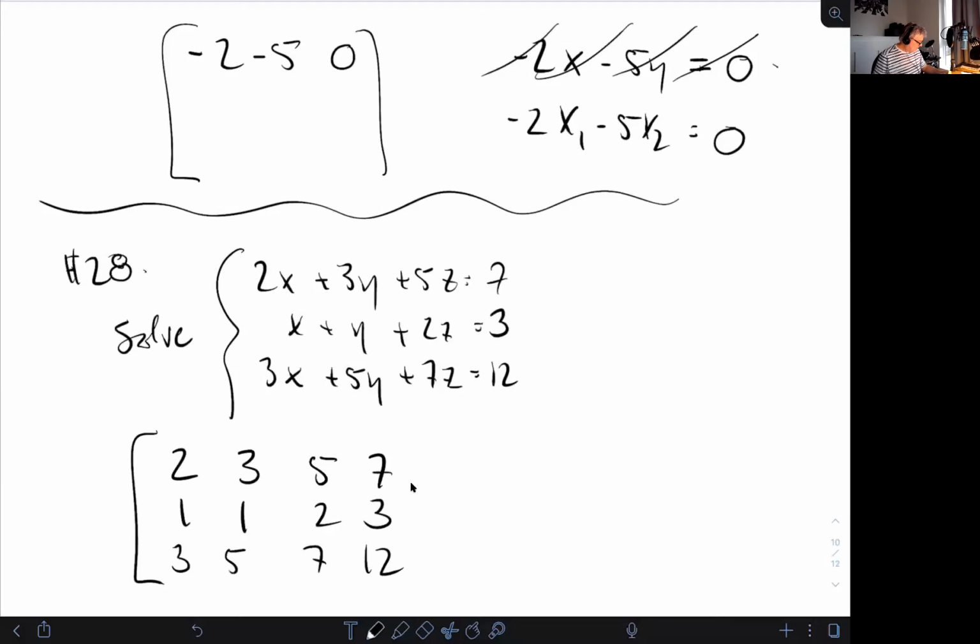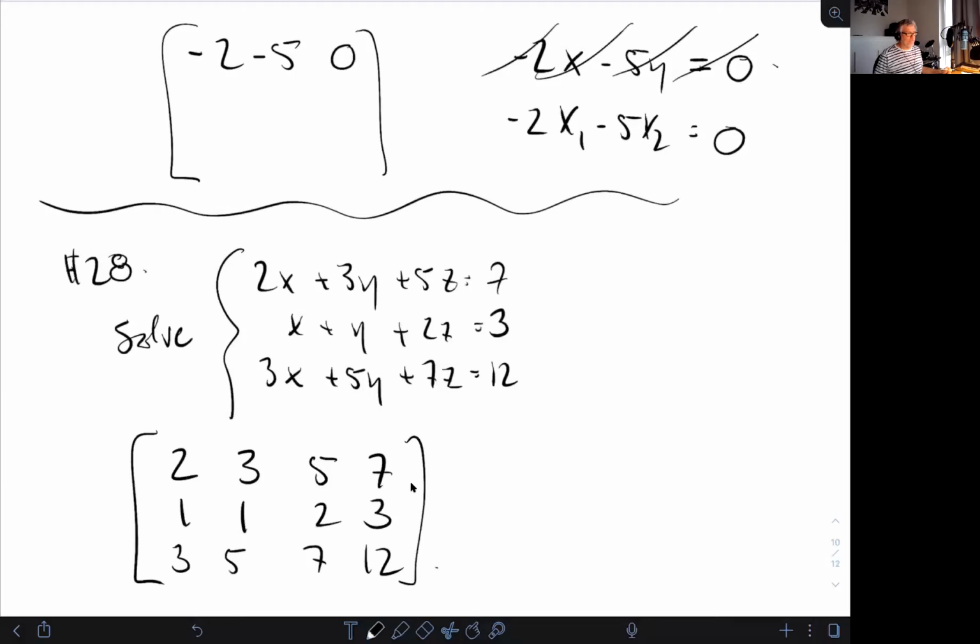The algorithm says to look at the top left entry. Is it 0 or not? If it is 0, you have to exchange rows. Now I look at it and it's a 2.